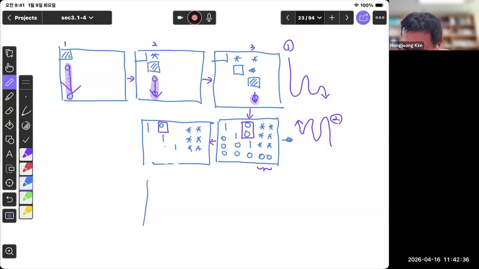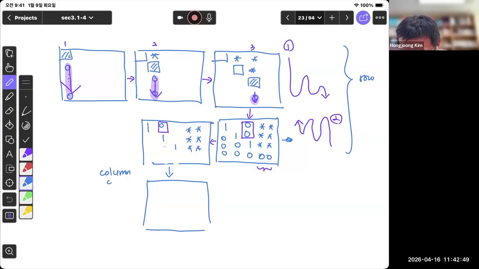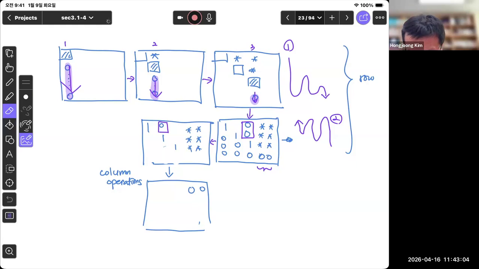Okay. And then what is the third step? Up to this, I performed row operations. And then I performed many column operations to change these values to zeros. Okay.